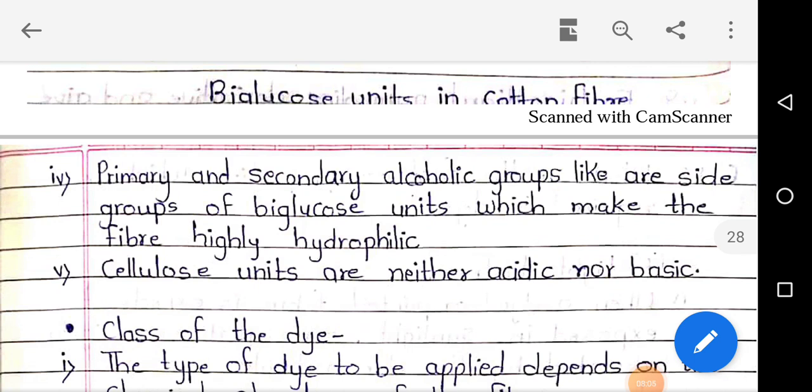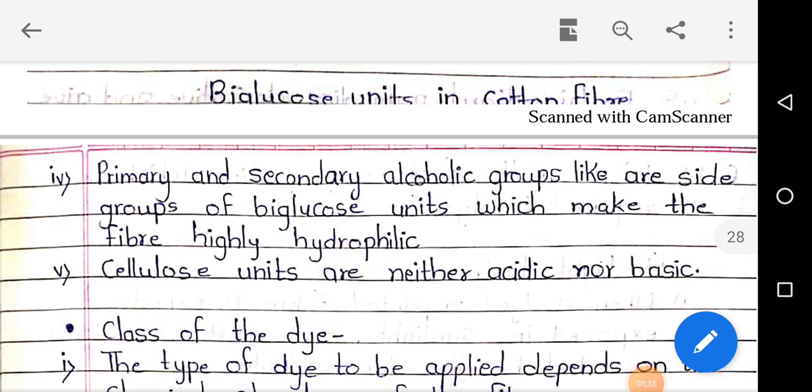Primary and secondary alcoholic groups are the side groups of the glucose units, which make the fiber highly hydrophilic. It means cotton easily absorbs water, only because of these hydrophilic groups, the OH hydroxy groups.